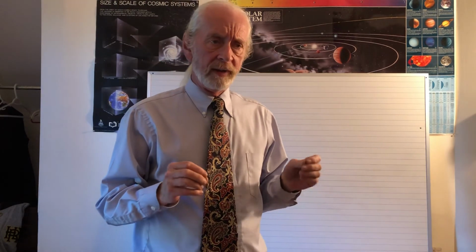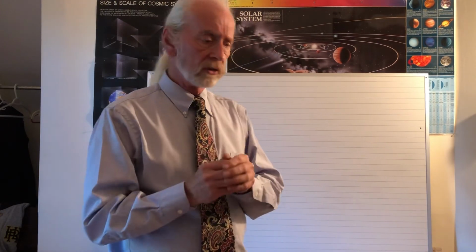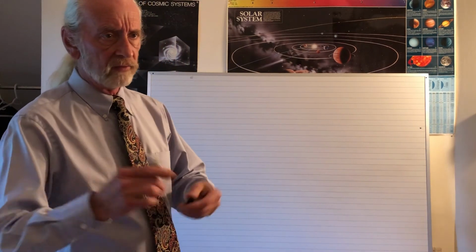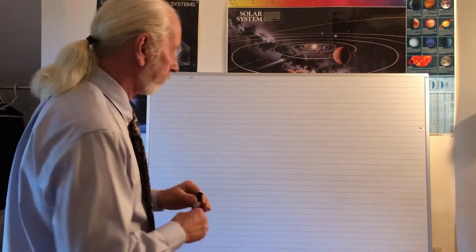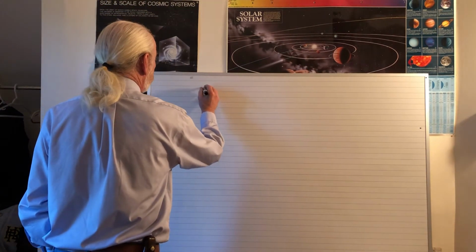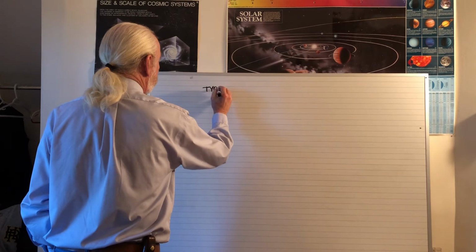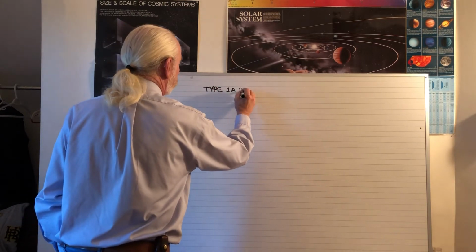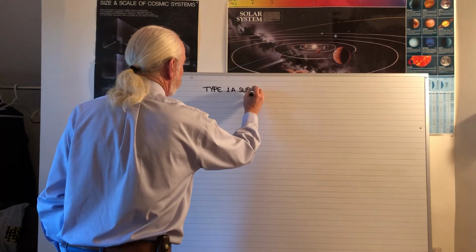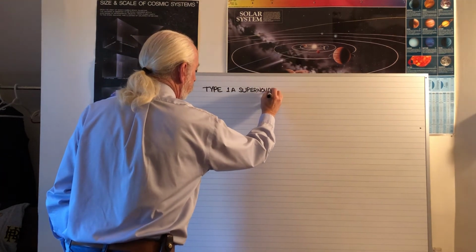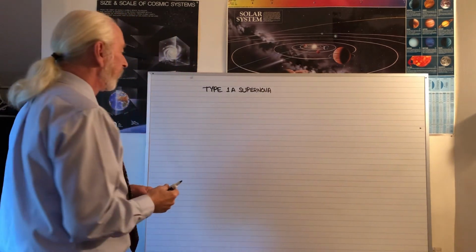Well, that all went out the window because we observed a standard candle in a very distant galaxy. The standard candle that we used was called a Type 1a supernova.